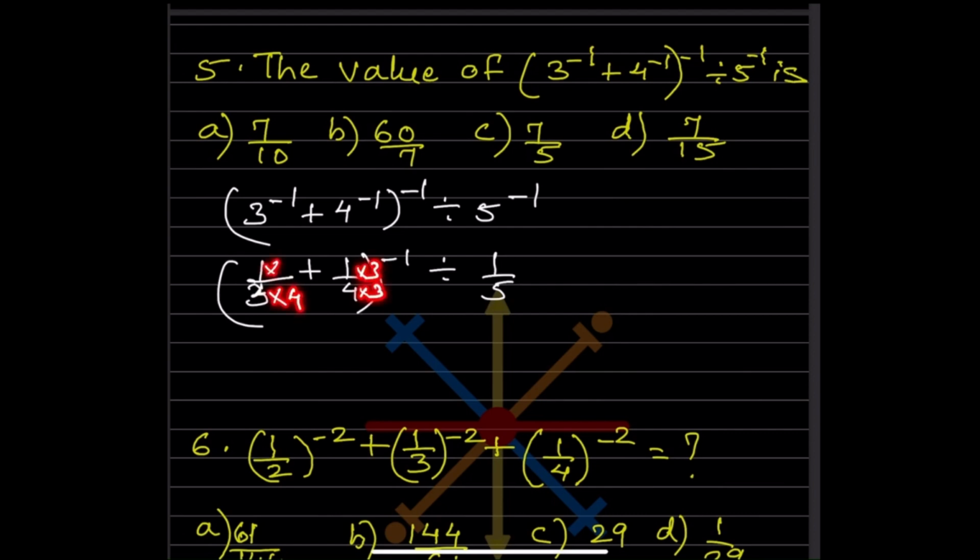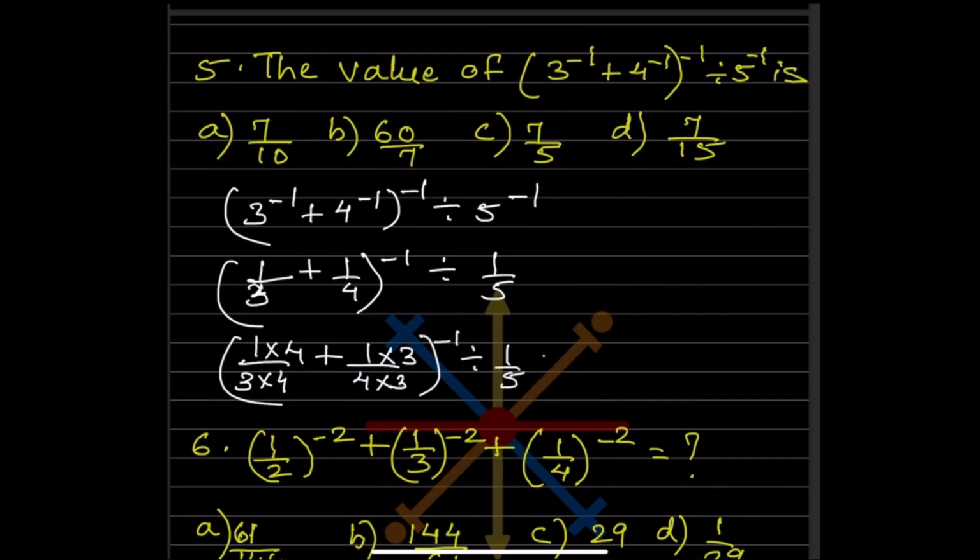This is 12. So we can write this one as 4 plus 3 by 12, raised to minus 1, divided by 1 by 5. So that is going to be 7 by 12 raised to minus 1, divided by 1 by 5.